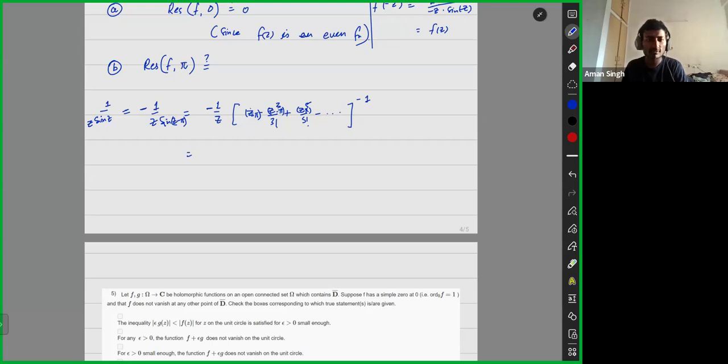So this series is calculated very explicitly. Only the first few terms have been calculated, not all of them. The idea is 1 is equal to sine z into 1 by sine z. Known Taylor series, unknown Laurent series.